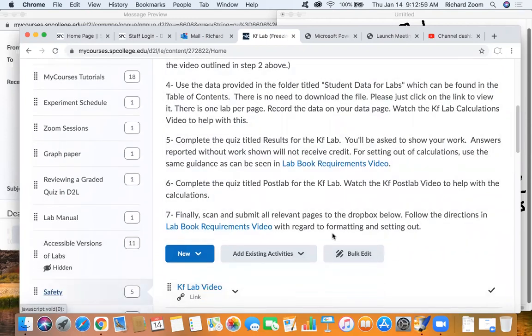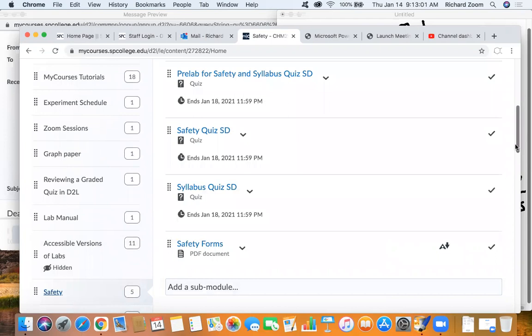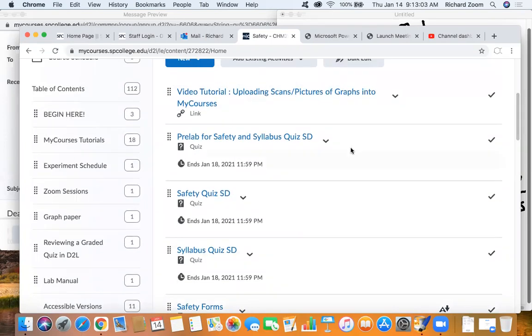Let's have a look. Yeah, uploading scans, pictures of graphs into My Courses. So just follow the directions in that video, and you'll be able to put that picture in. Okay. Thank you. No worries.